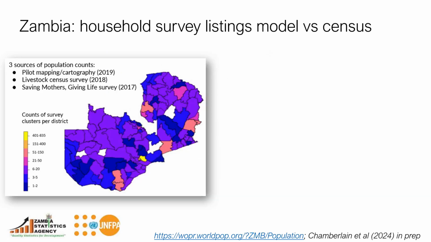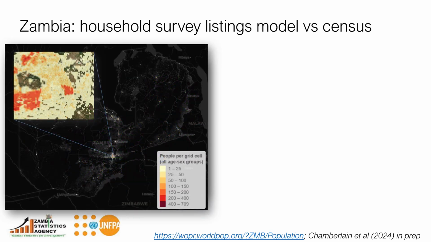There are often a lot of questions about how accurate these model estimates are versus census. So here's an example we did with the Zambia Statistics Office using, in this case, listings from household surveys that they conducted in 2017, 18 and 19 that gave us counts in defined clusters as the training data. Those are then used, again, in a Bayesian hierarchical model to make predictions at the grid square scale to help with their census planning process and for health delivery campaigns.